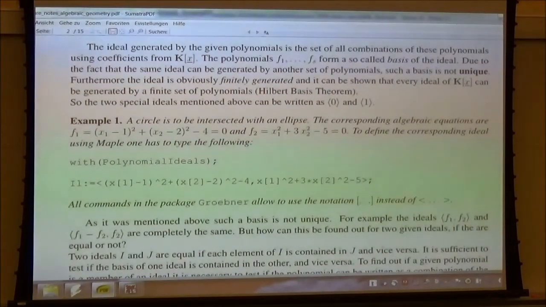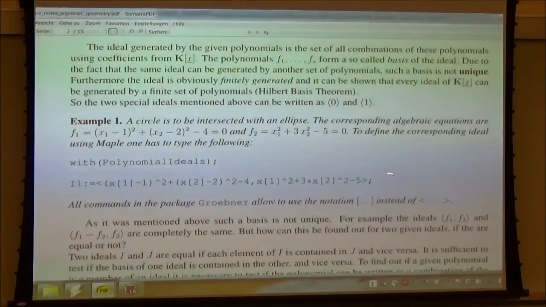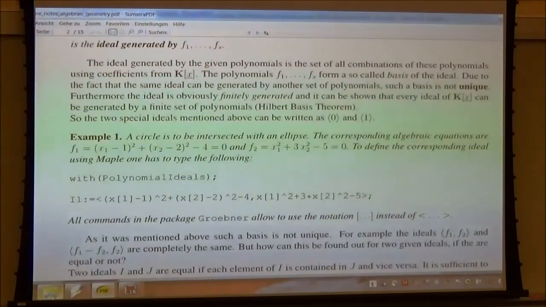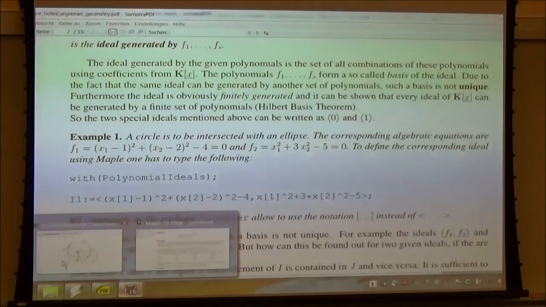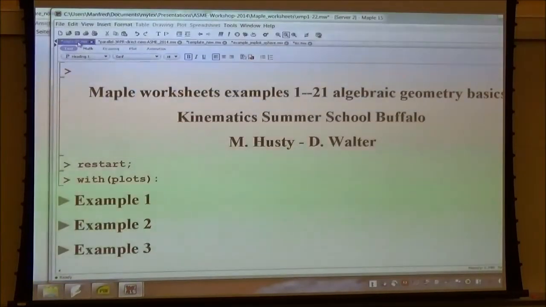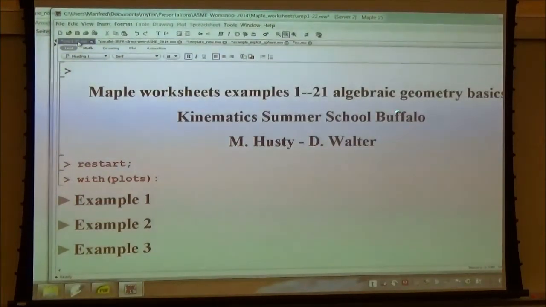What you see here is coming from Maple, but you additionally get a Maple worksheet, and these Maple worksheets correspond to this primer.